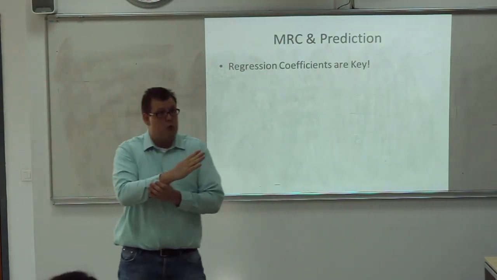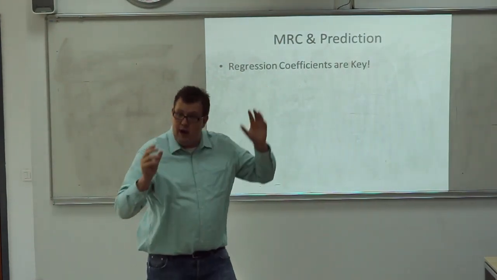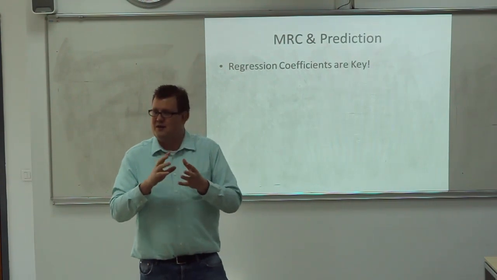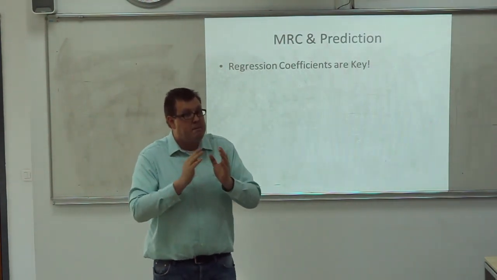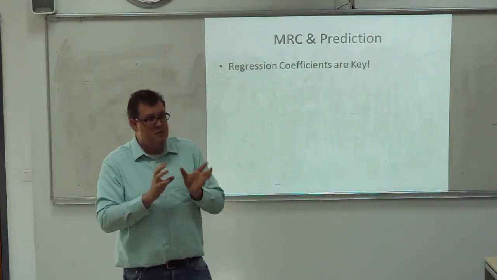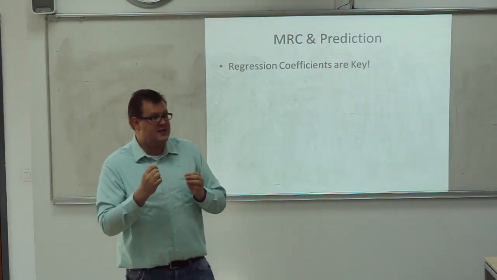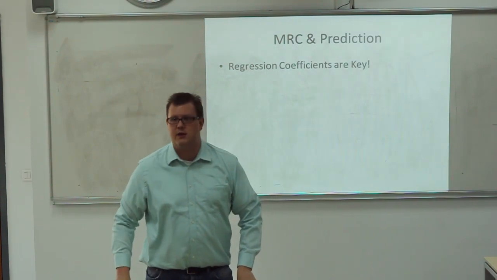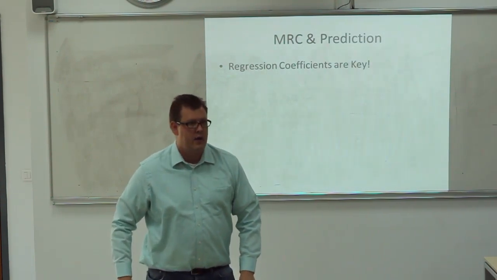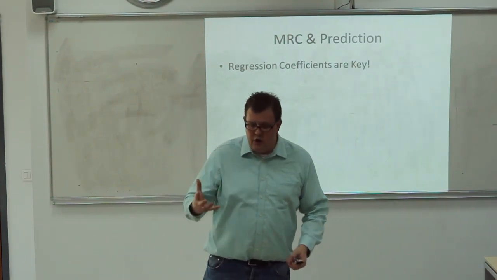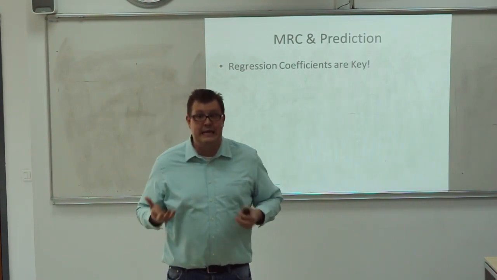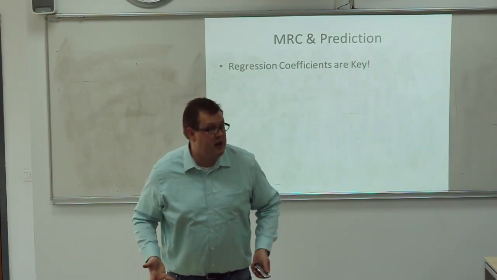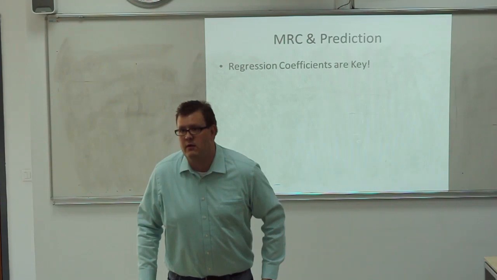The correlation will tell us the direction and the strength, but the slope that we compute from those tells us that with an increase in this, how much of an increase we expect in this, in units that allow us to predict what the dependent variable should be.